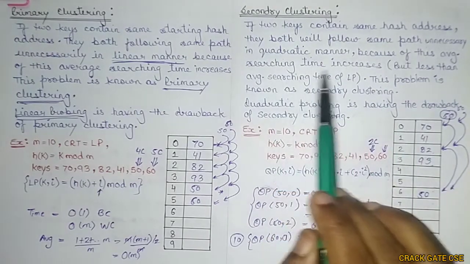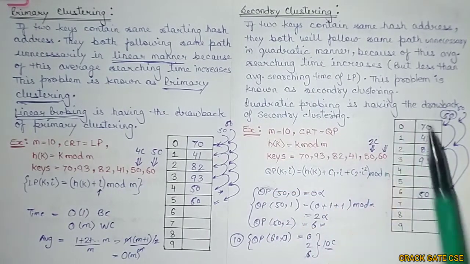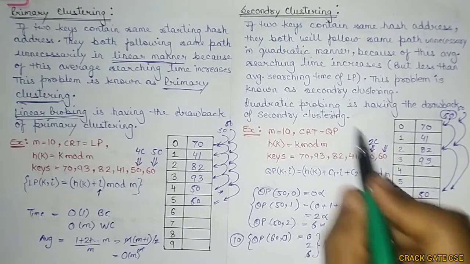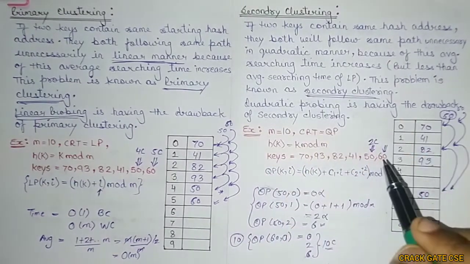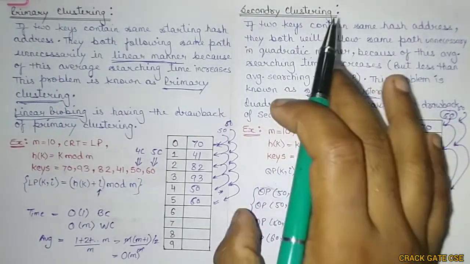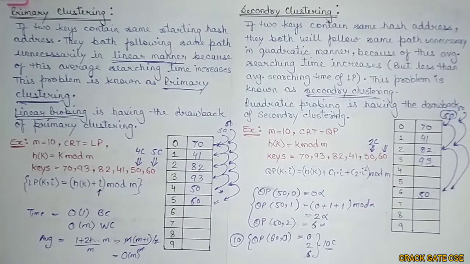Because of this, average searching time increases. But this is comparatively less than linear probing, right? So this problem is known as secondary clustering. Quadratic probing has the drawback of secondary clustering, so secondary clustering is possible in quadratic probing.